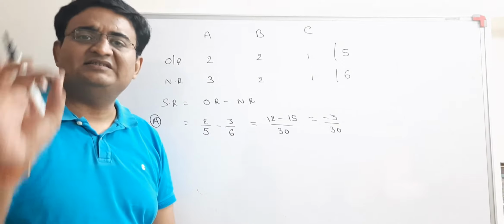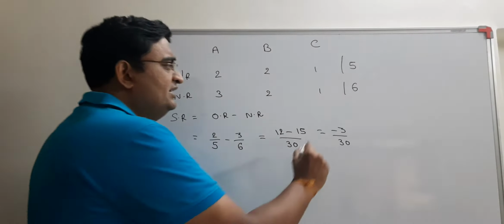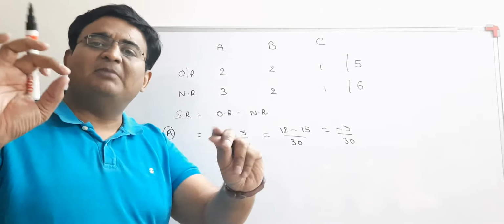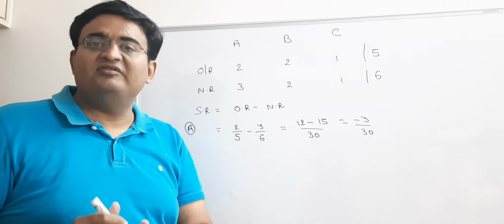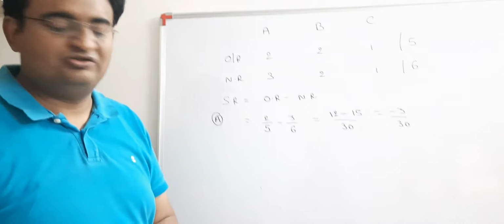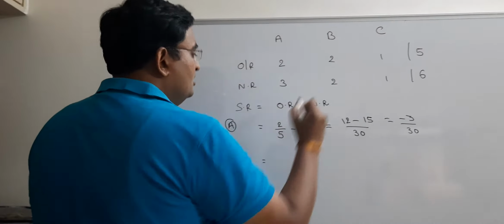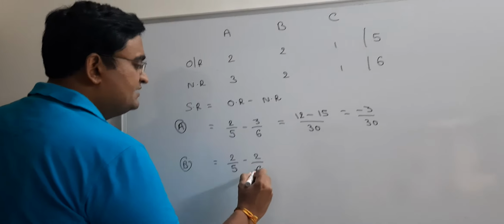Students, I am doing this illustration purposely to make you understand. There is no need to make further solution. Let it be here itself, minus 3 upon 30. Though in the textbook it is given, we are not interested in further solution. Now talking about B, it will be again 2 upon 5 minus 2 upon 6.